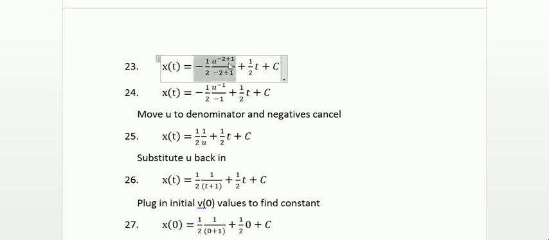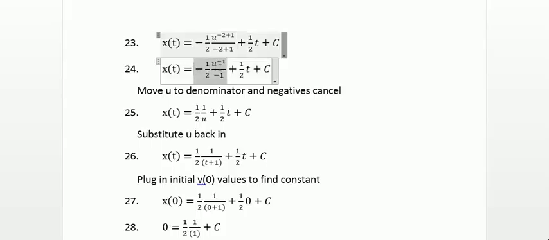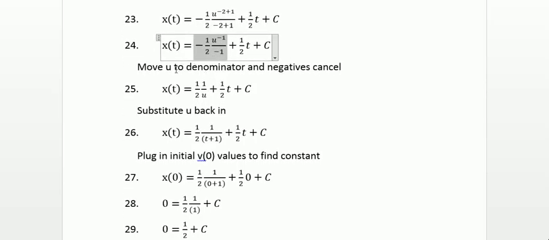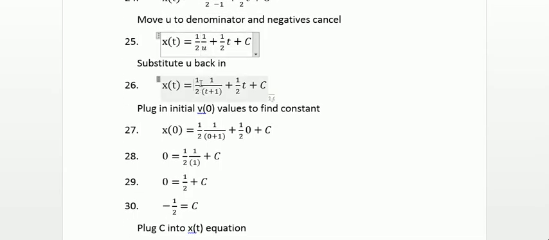So once I integrate, I just add 1, and here's simplifying it out. After that, you can move u to the denominator and then substitute u back in. So then for our x, we have 1/2 times 1 over (t plus 1) plus 1/2 t plus c.